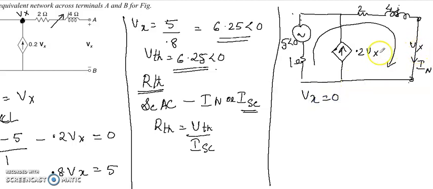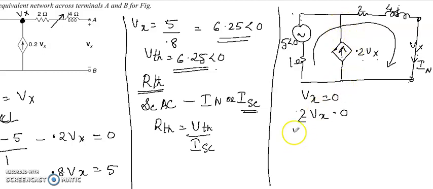And this current source is dependent on this voltage. That is, 0.2 Vx is the current in this branch. Therefore, we can say this branch is effectively not present. That is, 0.2 Vx is equal to 0. So effectively there is no such branch.